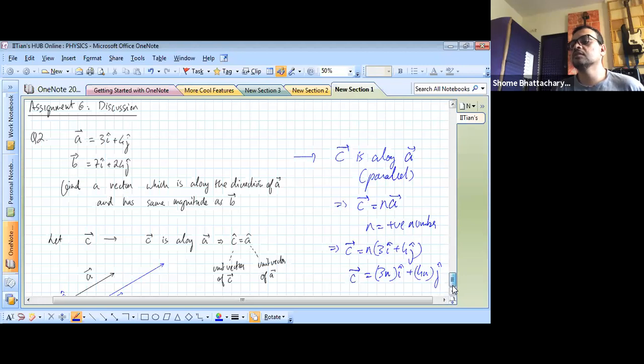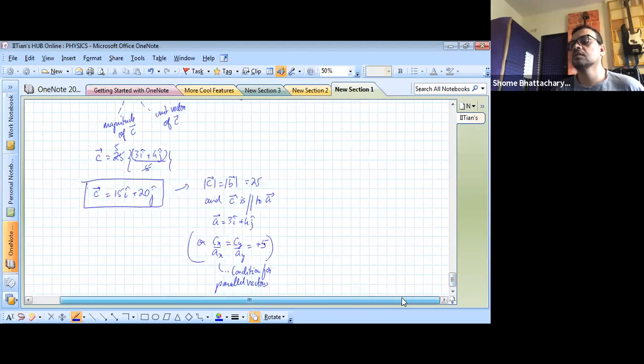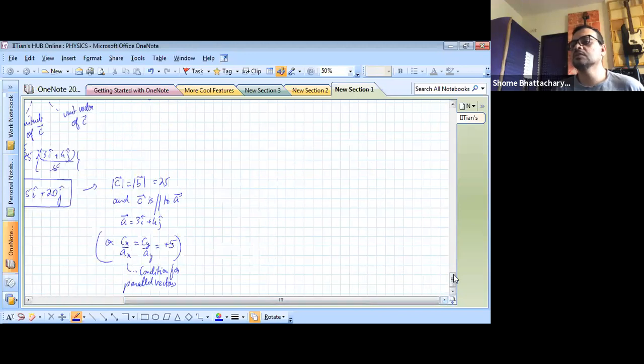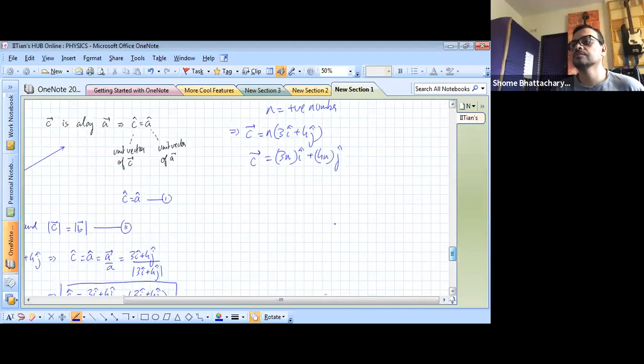And then additionally, once you express it this way, mod C is equal to mod B. That means root of (3n) whole square plus (4n) whole square should be equal to 25.